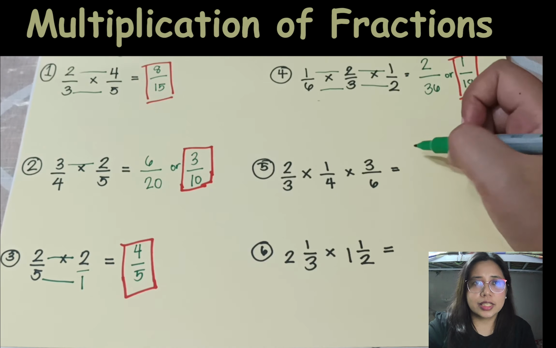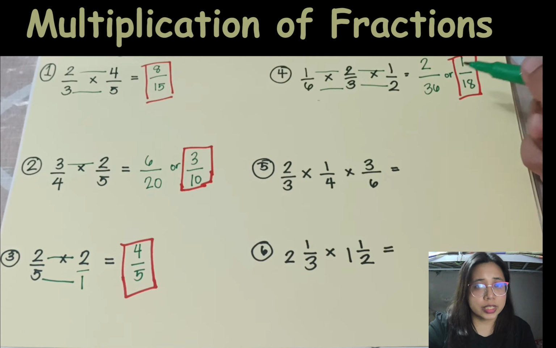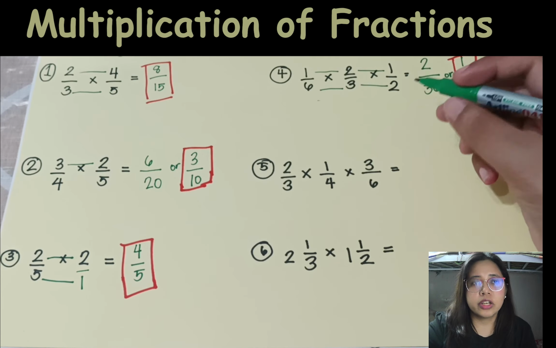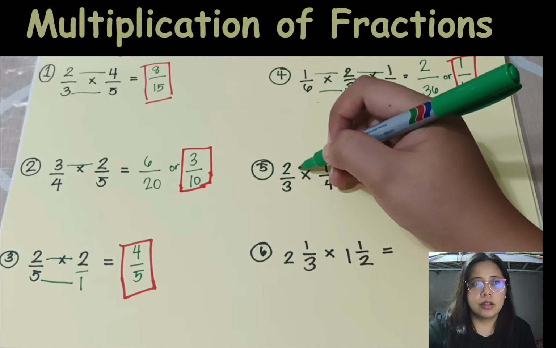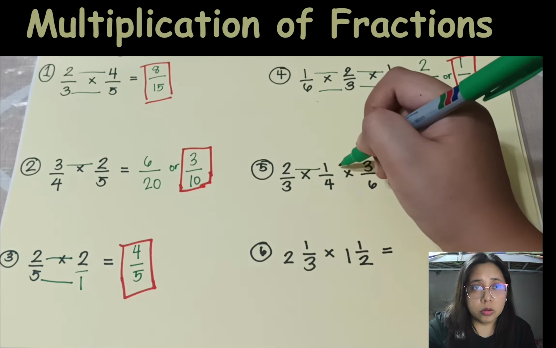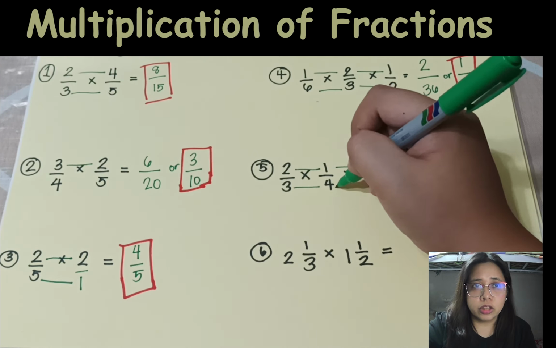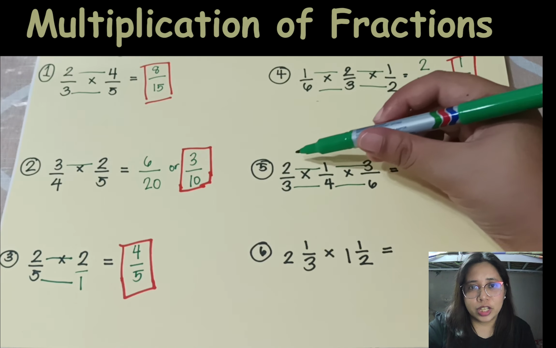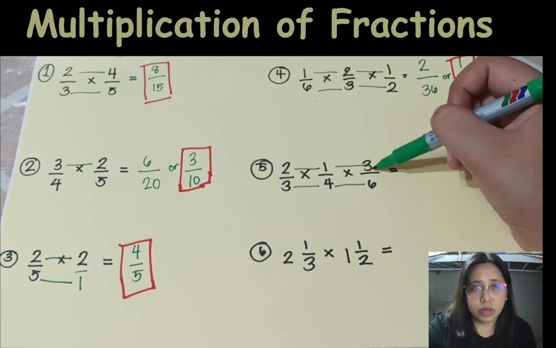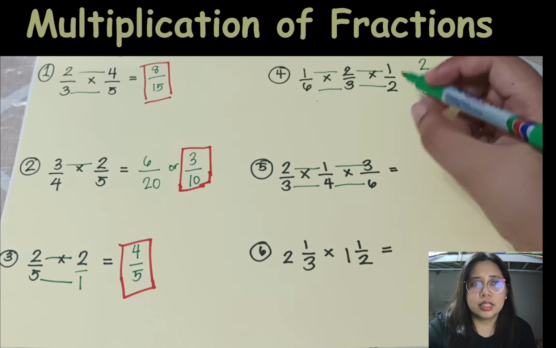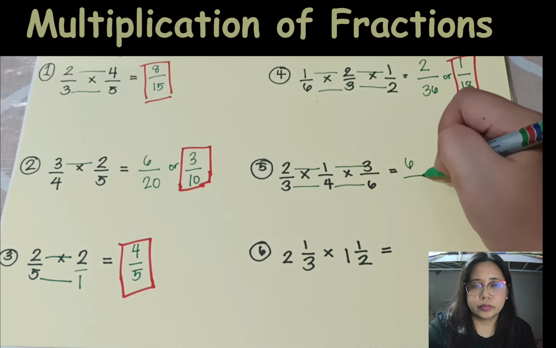Alright. So next example, same process lang din. So 2/3 times 1/4 times 3/6. Okay, so we get numerator to numerator to numerator, denominator to denominator to denominator. So 2 times 1, that's 2 times 3, and we get 6. Okay.